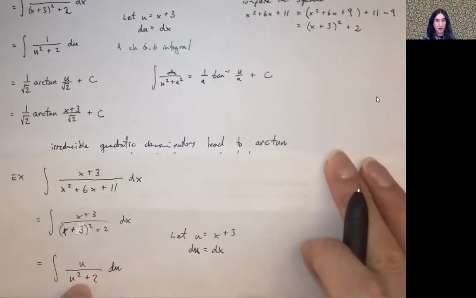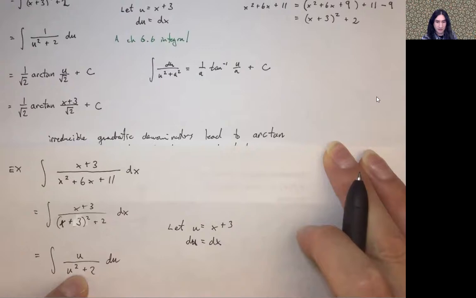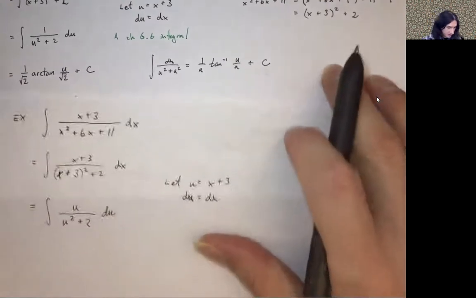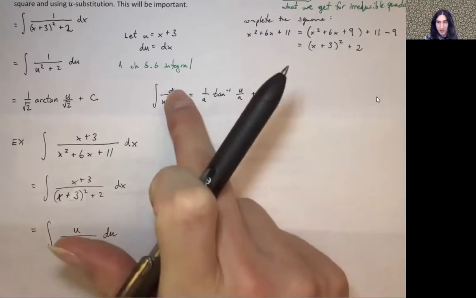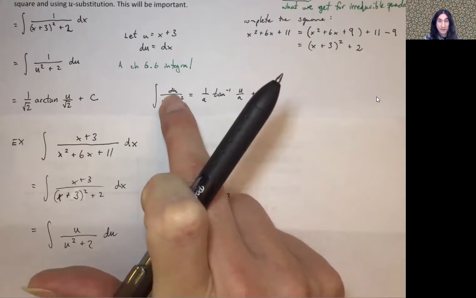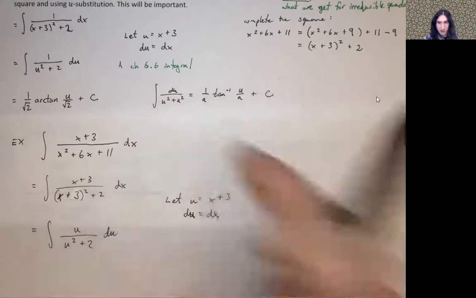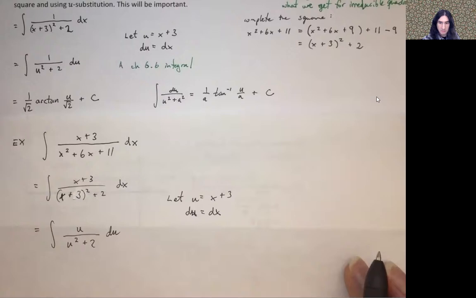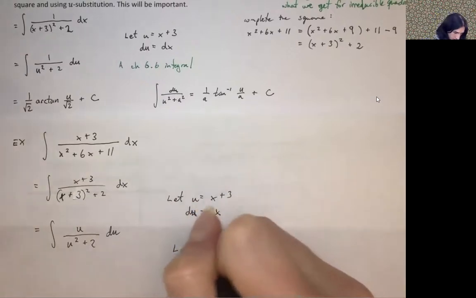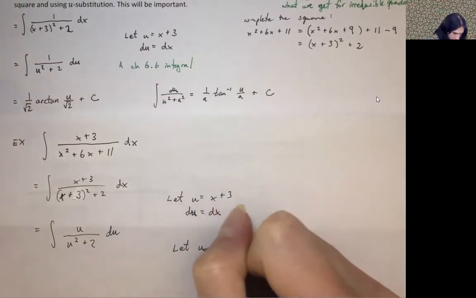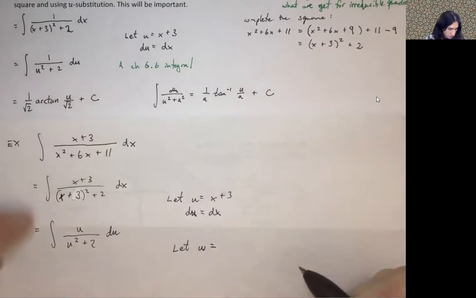It doesn't require arctan. Why not? Because, well, for one thing, it's not this formula, right? Arctan is for when there's nothing in the numerator. Well, there's only a 1 in the numerator, and the denominator is this sort of u squared thing. So we proceed as we would in Calc 1 with a u substitution.